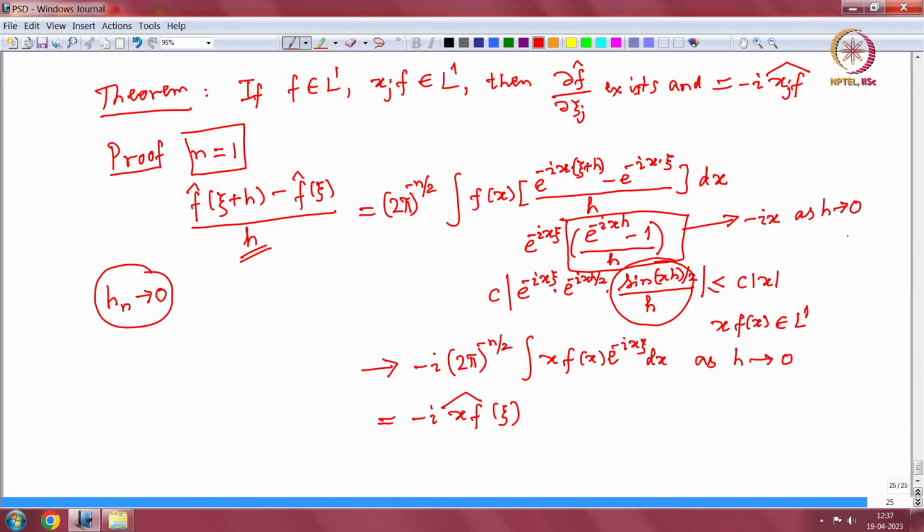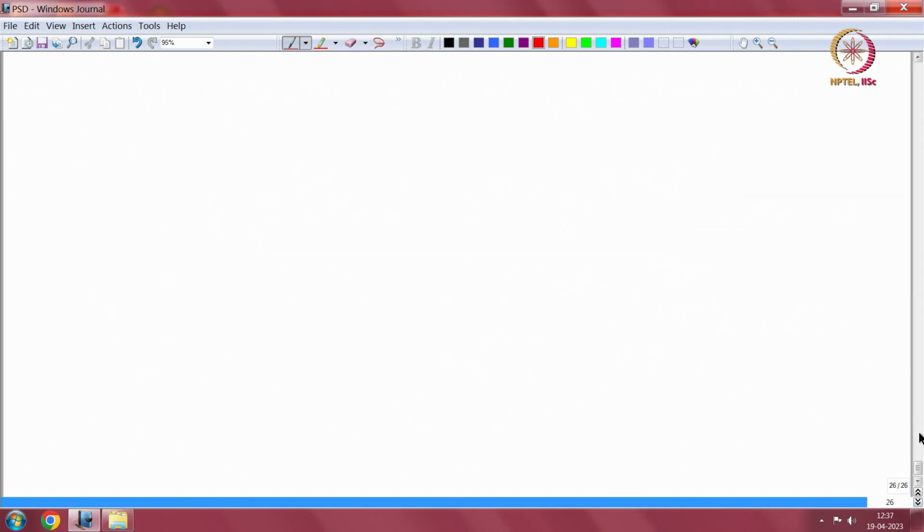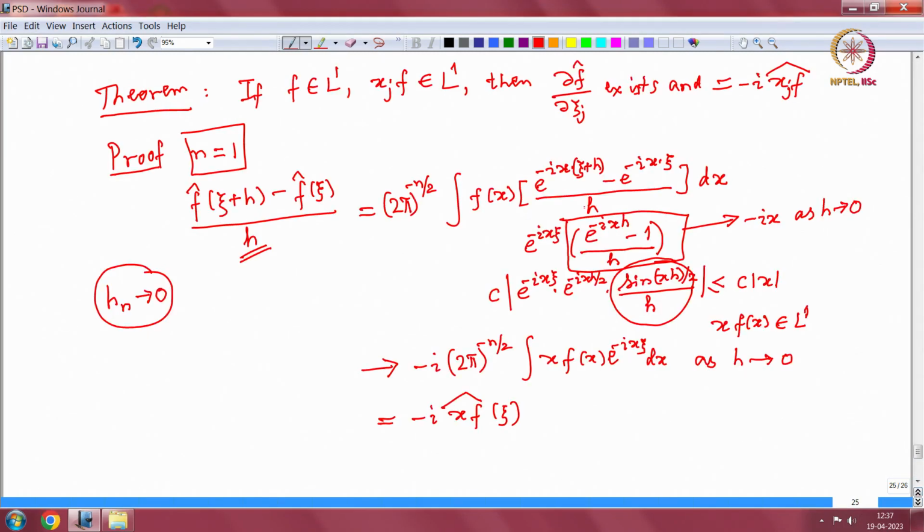So, what if f is differentiable and that derivative is also in L1? That is the next result. Just remember to fill in all these details.